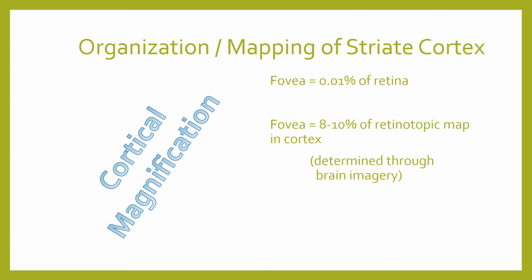It's this really small part of the retina, but its representation in the visual cortex is more like 8 to 10% of the cortex's retinotopic map. And I'm going to show how this was determined through brain imagery and give you hopefully a better idea too of what this looks like. We've done this principle of transformation, we've done this principle of representation, and what this representation that we now have in our cortex looks like.